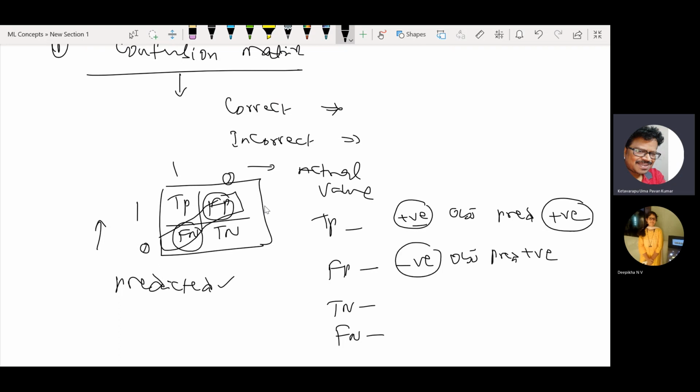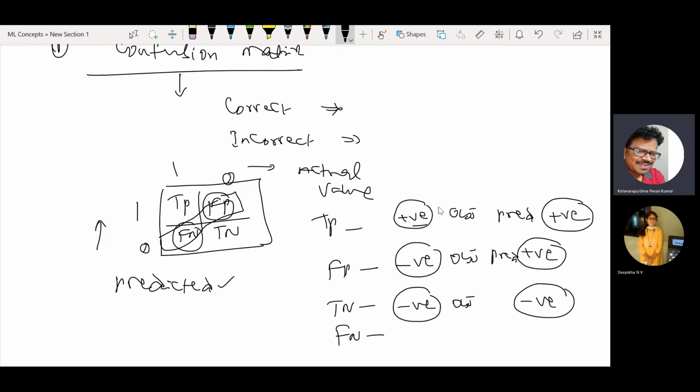Actually they are negative, but your model predicted positive. True negative is the number of negative observations the model correctly predicted as negative: actual negative, and predicted negative.